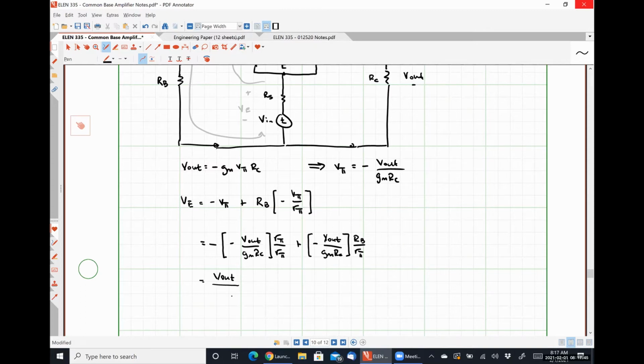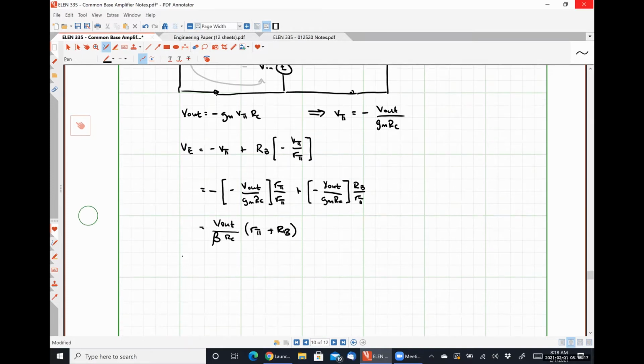And then I'm going to have a common factor of GM times RC times R pi in my denominator. Well, GM times R pi is simply beta. So I'm going to call this beta RC and multiply this by R pi plus RB.